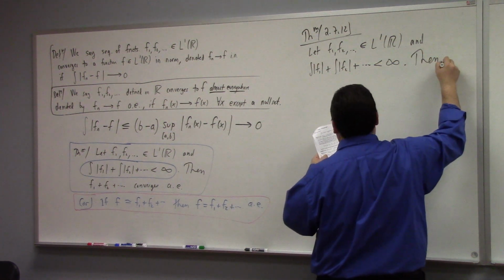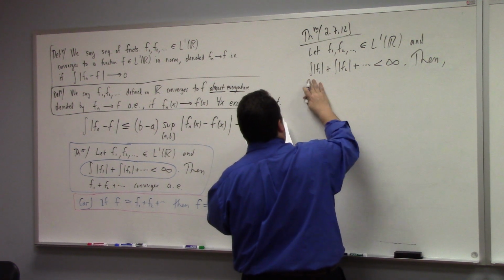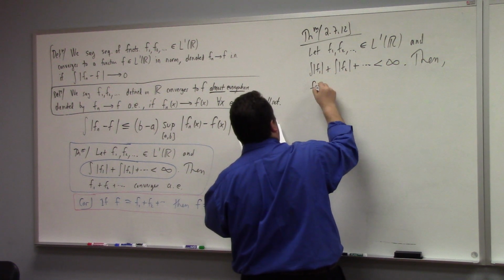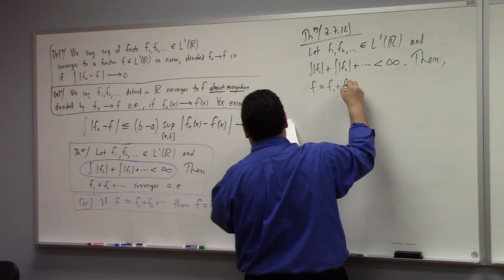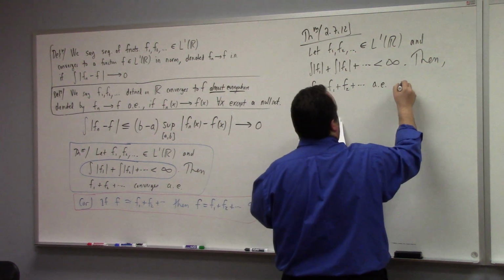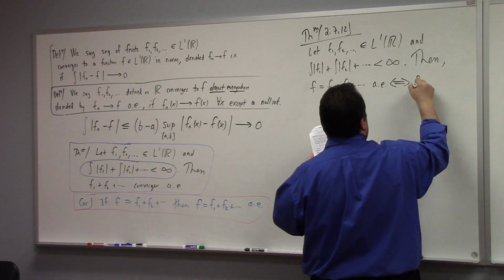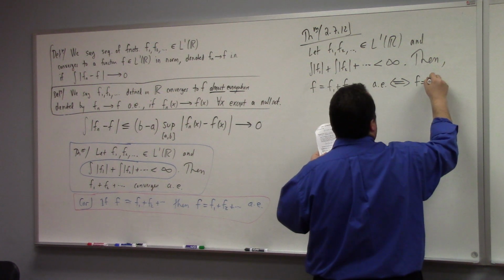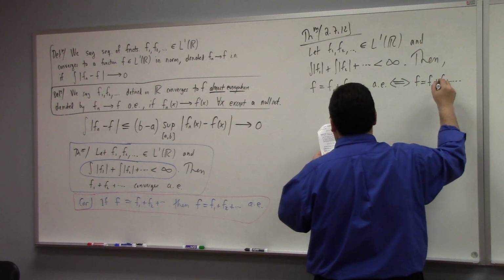Then f is equal to f1 plus f2 plus dot dot dot almost everywhere if and only if f is equal to f1 plus f2 plus dot dot dot in norm.